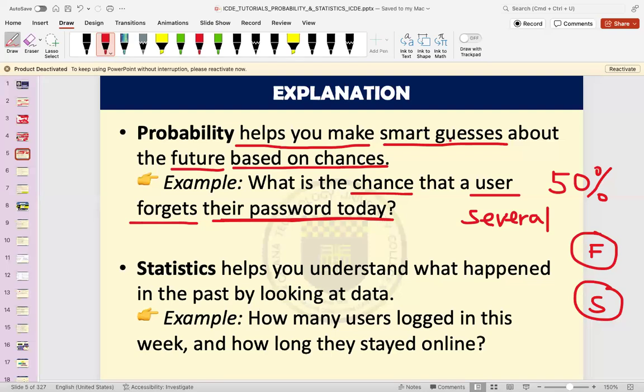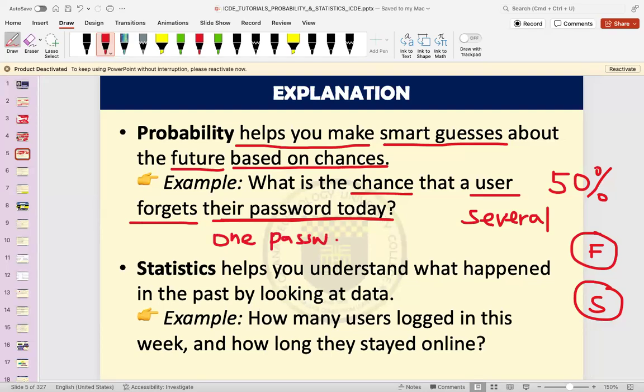So I can guess that some people can forget their password. At the same time, there are others who do not have several passwords. They have only one password that they use for everything.